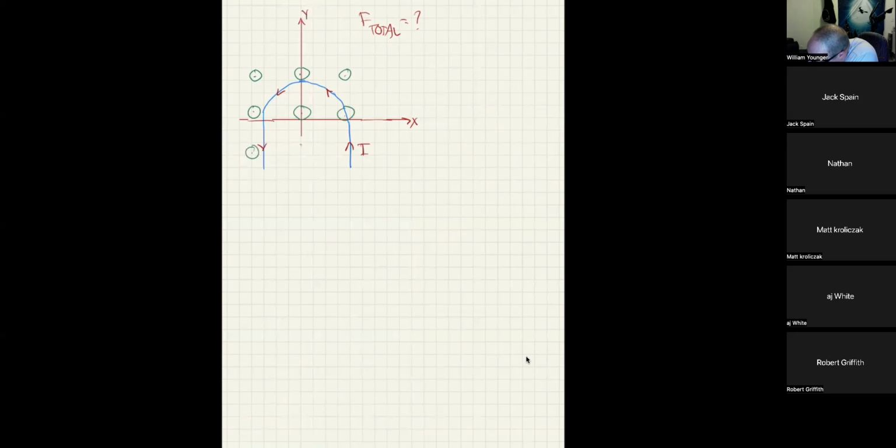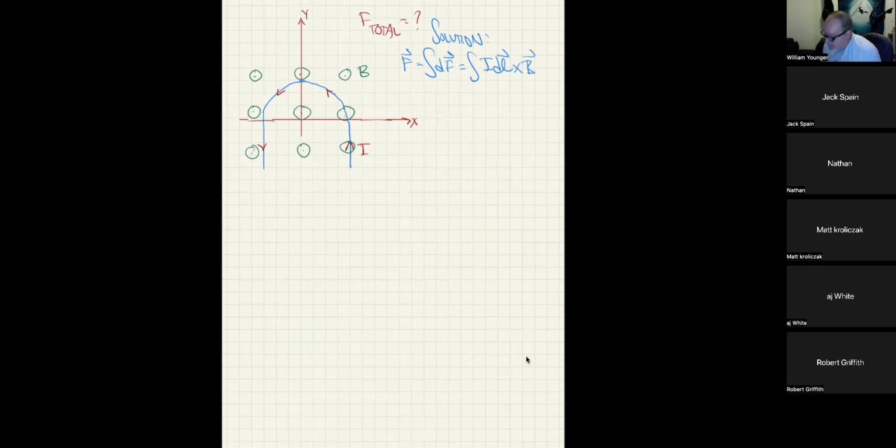And its magnitude is just B. So in other words, we're doing it quite theoretical, so it'll come out with answers that'll be valid for all B and I. Okay. So for a solution, we know that F is equal to the integral of dF, which equals the integral of I dL cross B.